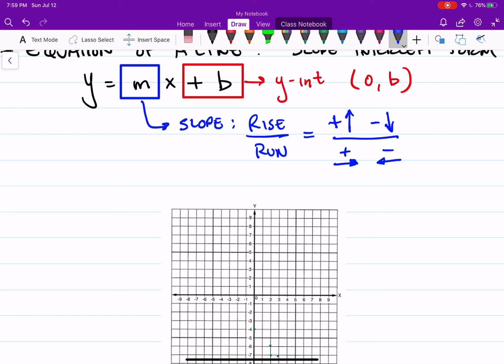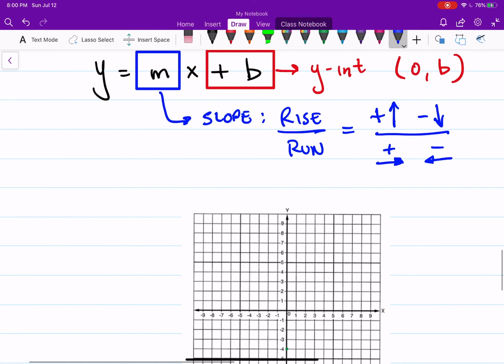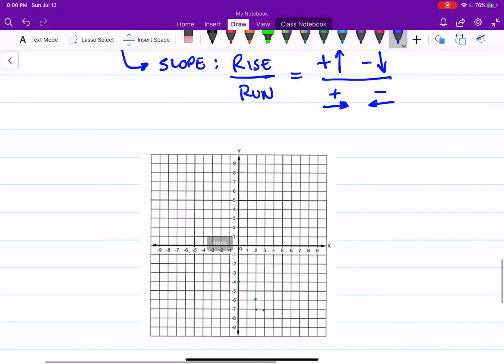You're going to start at the y-intercept, plotting the y-intercept. Okay? Cool. You're here at this y-intercept. And if you look at the slope, slope has m. If you think of m as how you move from that y-intercept, then you can get to the next point. Okay? So let's try this.